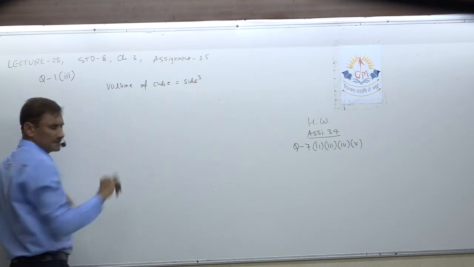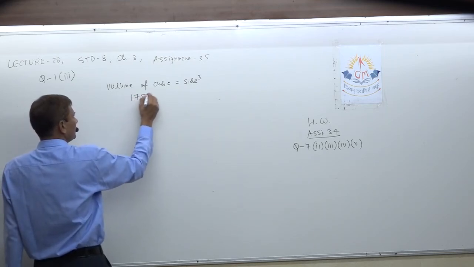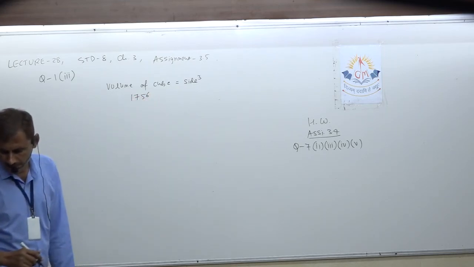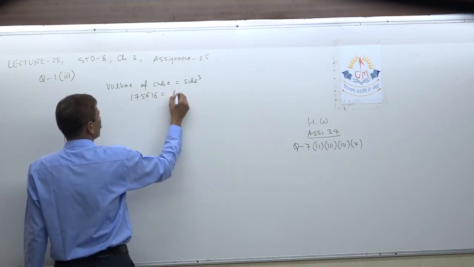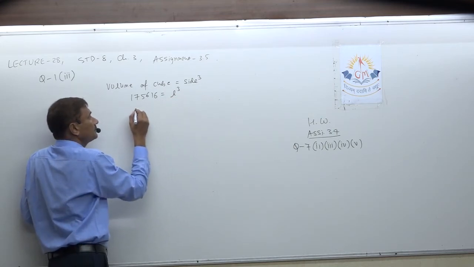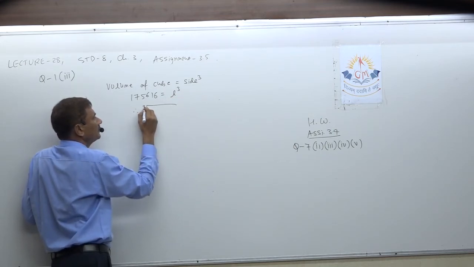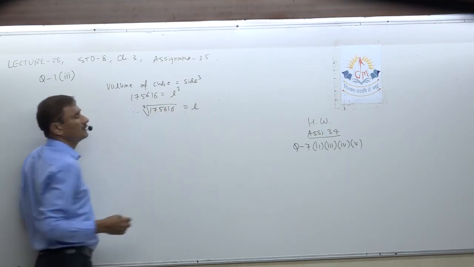Suppose we place L there, and they have given volume 175616, let it be L. So we want L only, not L cube. So we should take the cube root of the given number for finding L.